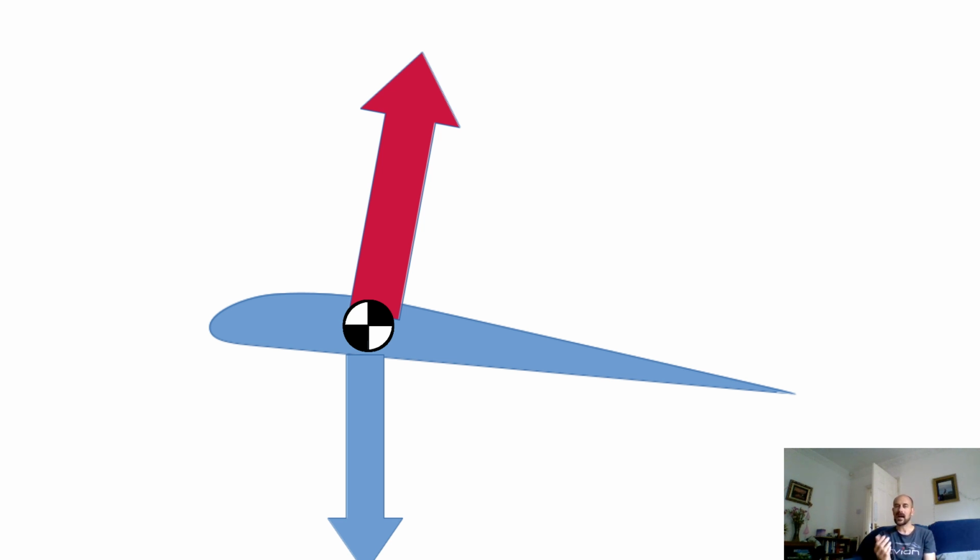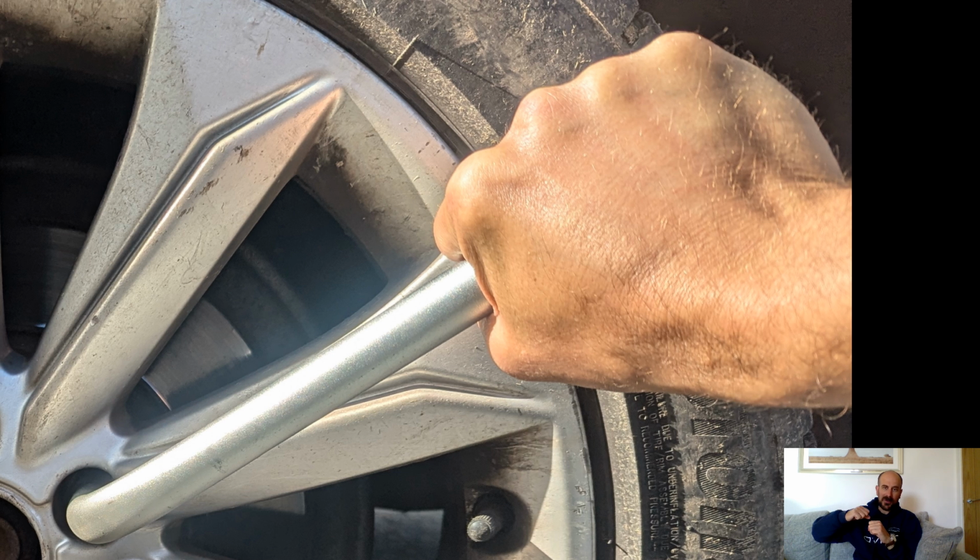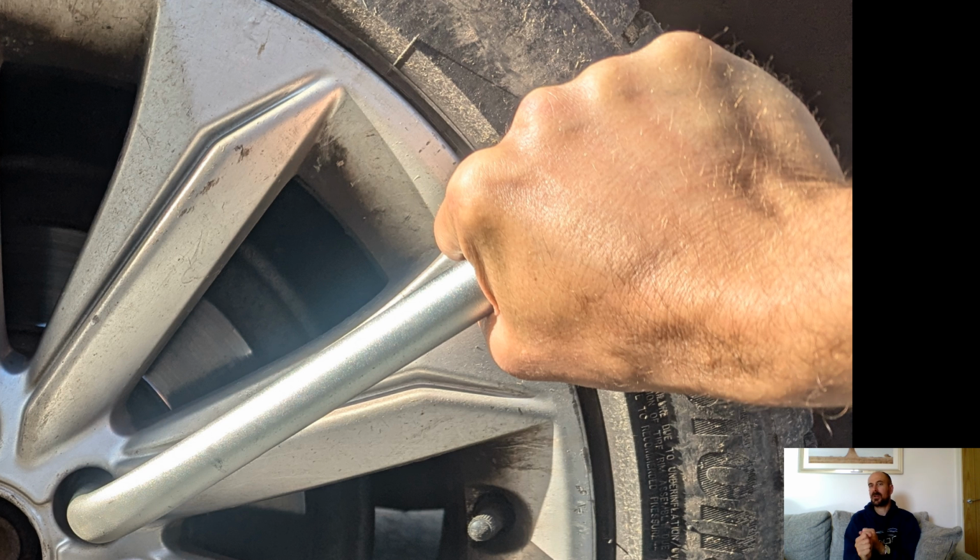And to do that, we need to start thinking about something called moments. So in engineering terms, a moment is a twisting action that's created by a force, and it's taken about a certain point. The classic example of this is a spanner on a nut or a bolt.